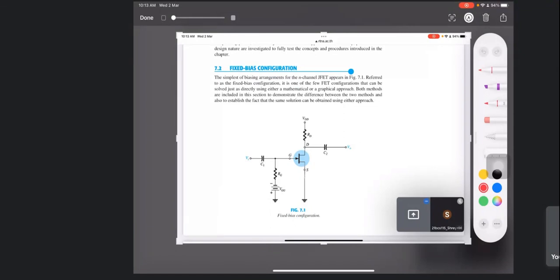Here we are using two power supplies, this is battery number one and this is battery number two.